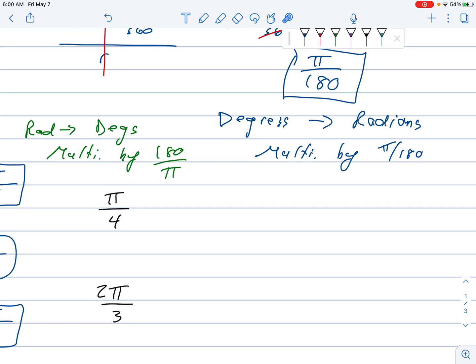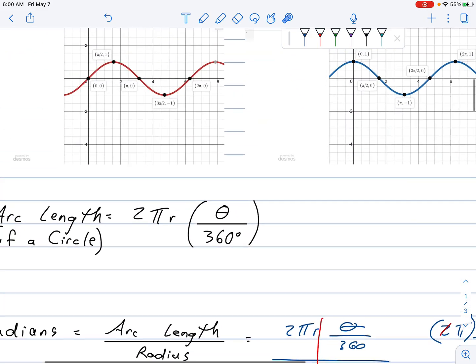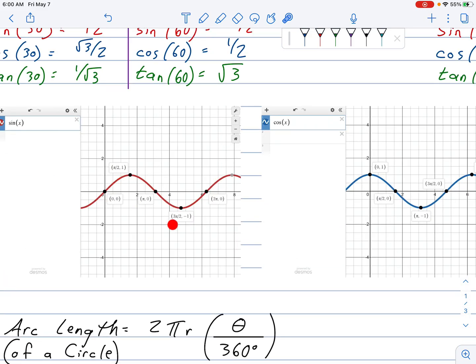It's the reciprocal, and how I remember it is if there's a pi on top, I want to multiply it so that there's no pi. Degrees has no pi. To go from radians to degrees, I want no pi. So how do I cancel out a pi? Pi's got to be on the bottom. That's how I remember it. And as you see from our graphs, looks like pi's always on top.